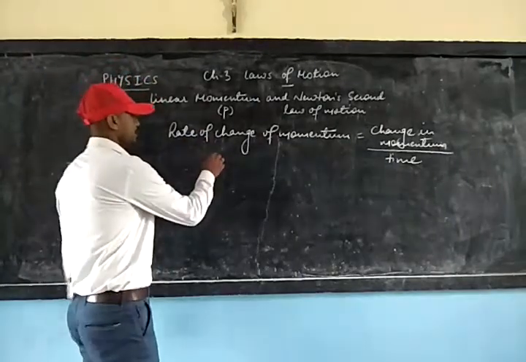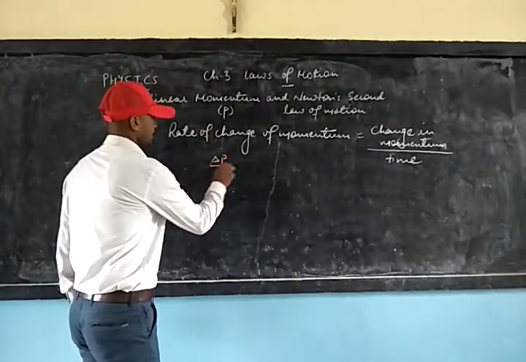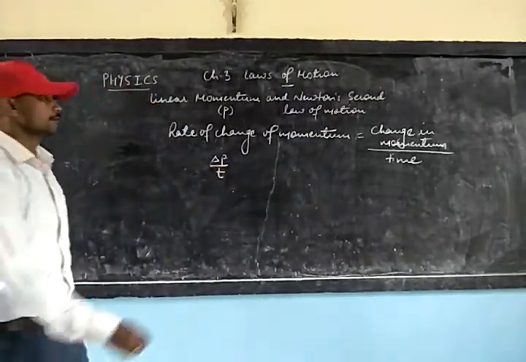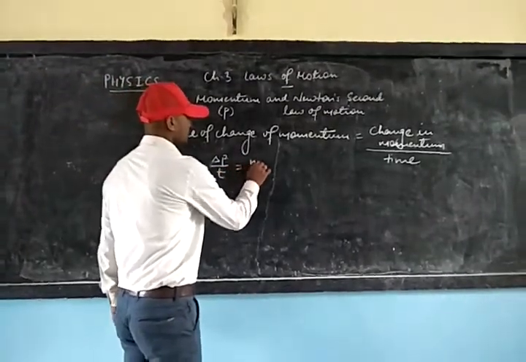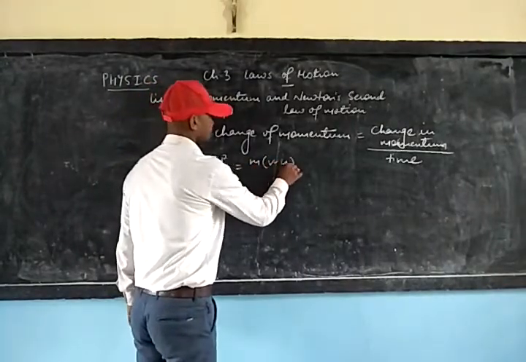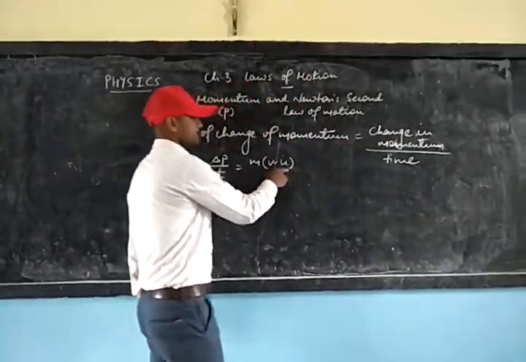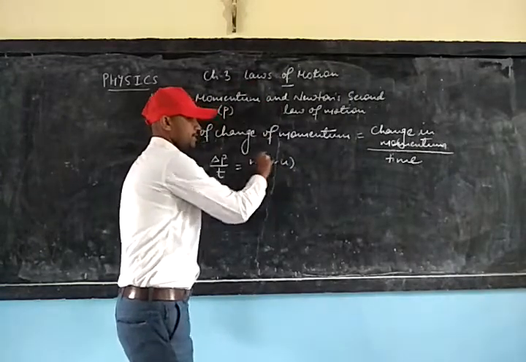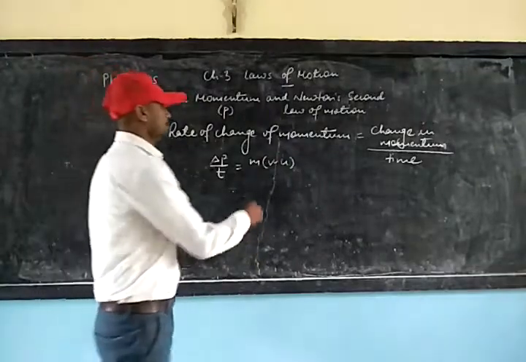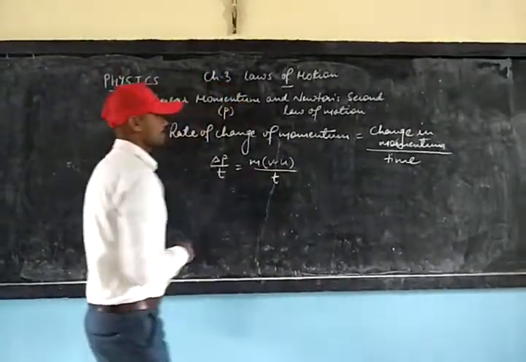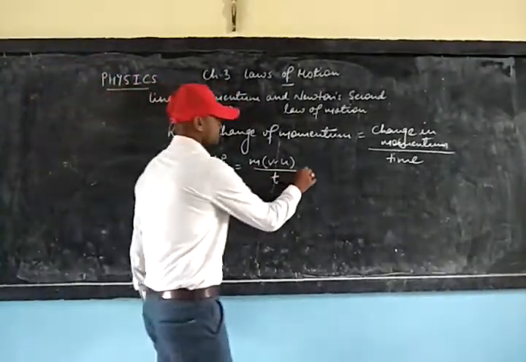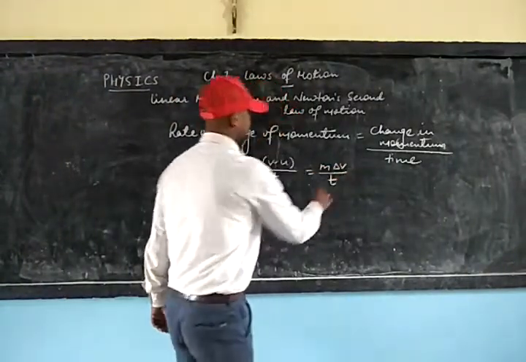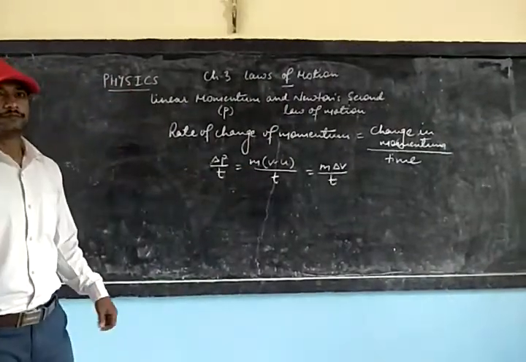We can also write rate of change of momentum as delta p upon t, which is equal to m (v minus u) upon t. Change in momentum is due to change in velocity, and change in velocity is final velocity minus initial velocity, divided by time. This can also be written as m delta v upon t.